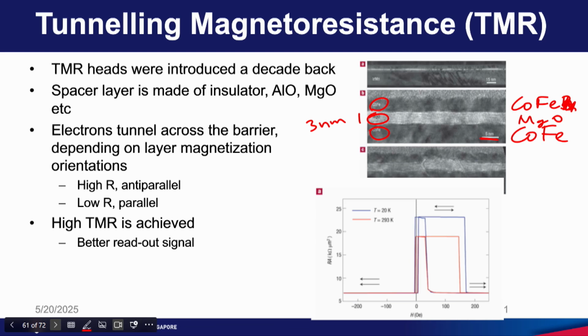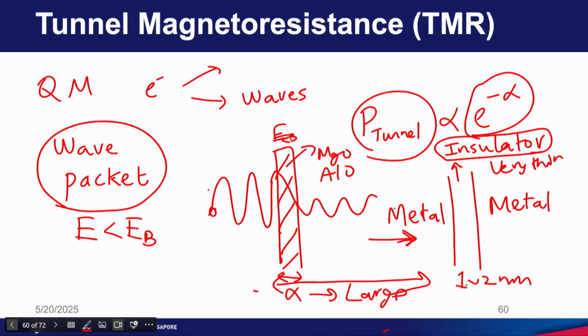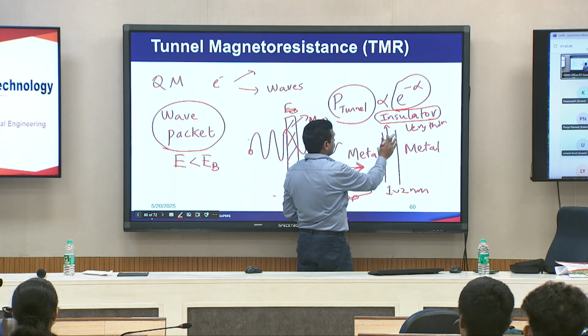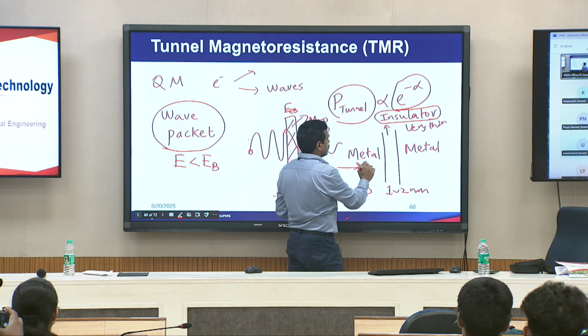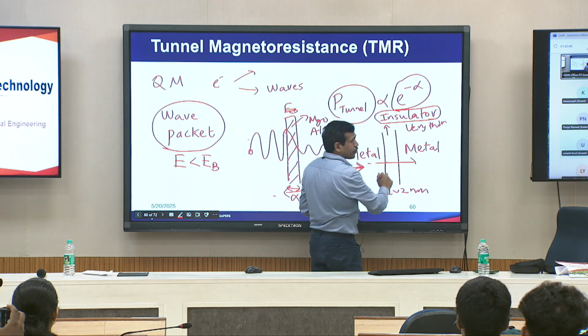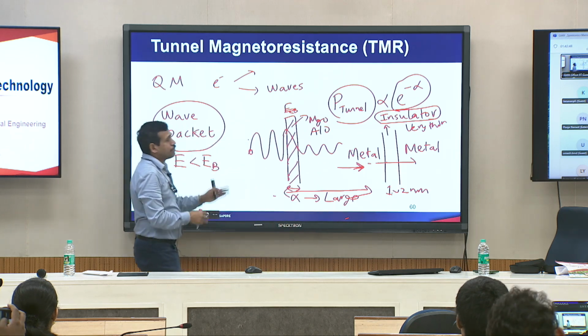Okay. So, we just talked about simple tunneling. That means, if you have a metal and you have another metal, you have an insulator, you send current, then there is a probability that electrons will tunnel and the current will flow. That is simple tunneling.